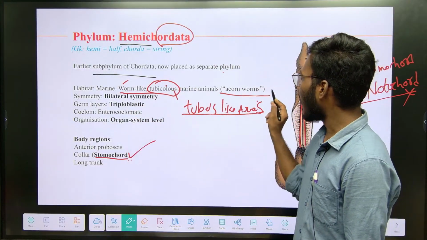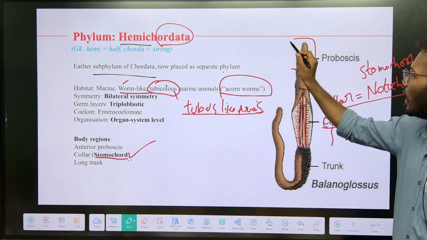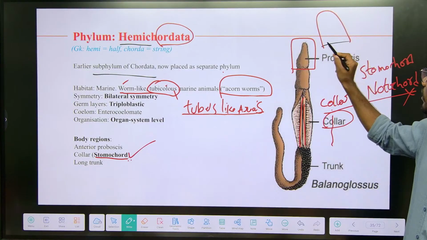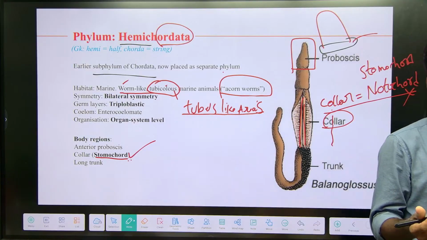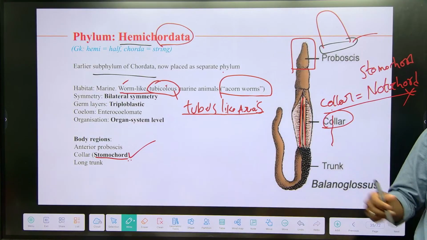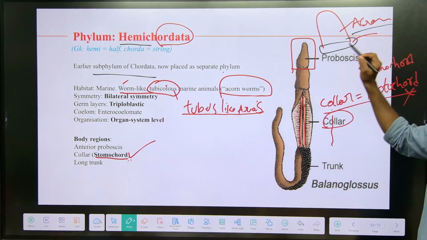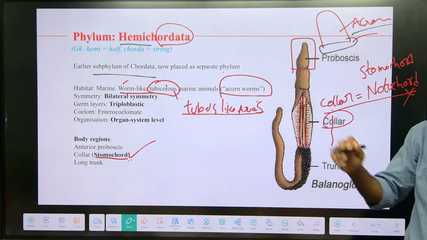These are also called acorn worms. You see, this part looks like an acorn. An acorn is a kind of seed which looks like this. Squirrels and some animals generally eat it as food. So it looks like an acorn, that's why these animals are called acorn worms, right?